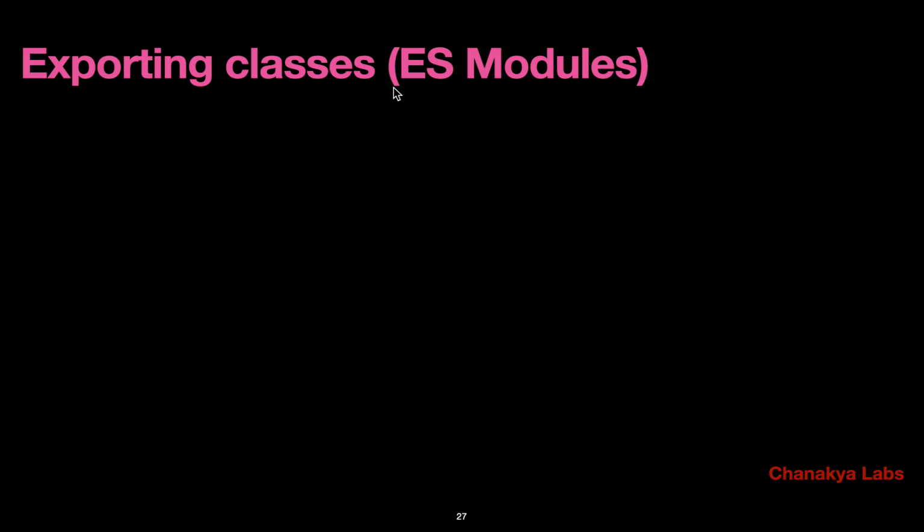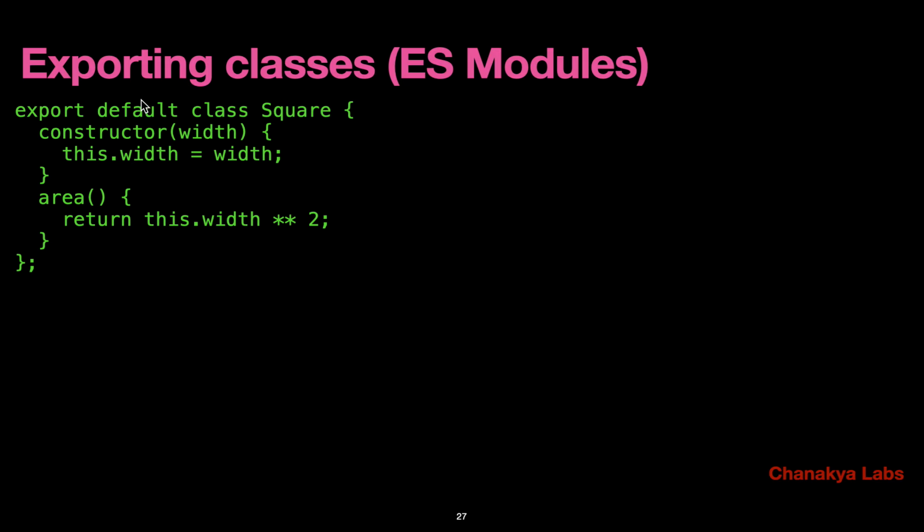Okay, in case of ES modules, the syntax is slightly different, which is export default and export class. Earlier we had export default and anything, right? In case of functions, we had export default and then the function keyword, and after that you can write that function. In this case, export default class and something like this will work.